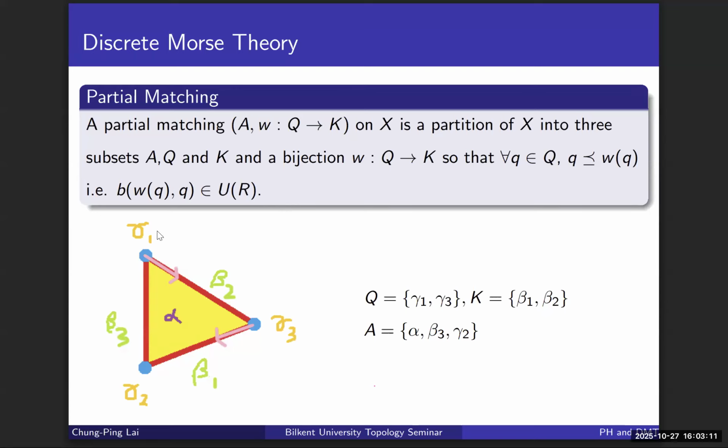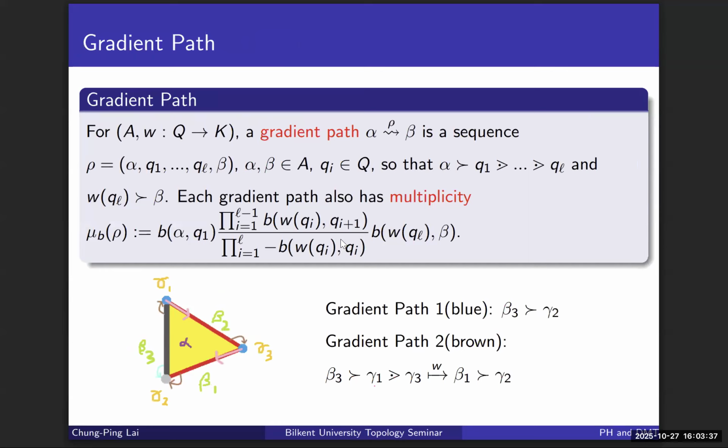If we stick close to the intuition, we are just introducing a lot of arrows on the simplicial complex. So here alpha 1 is mapped to beta 2, and gamma 3 is mapped to beta 1. So we have a lot of arrows here. And then we have gradient paths, which essentially chain up all the arrows, allowing a cell to walk on the arrows to reach other places.